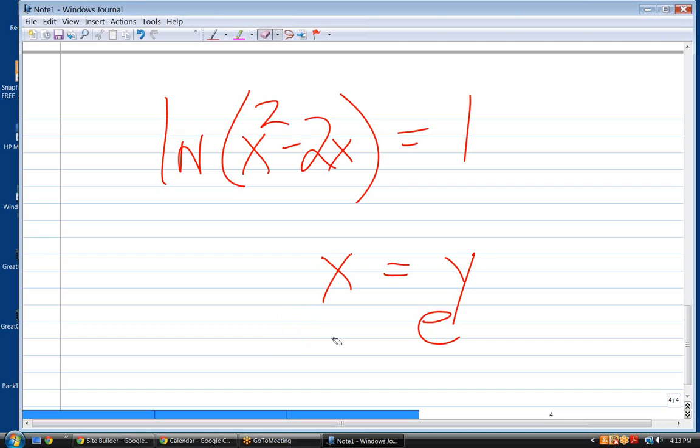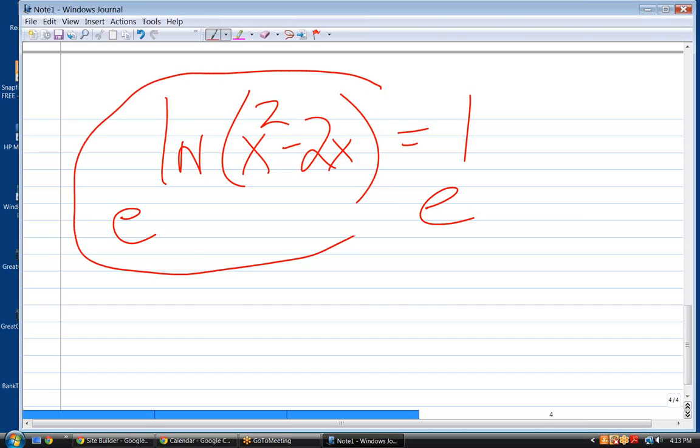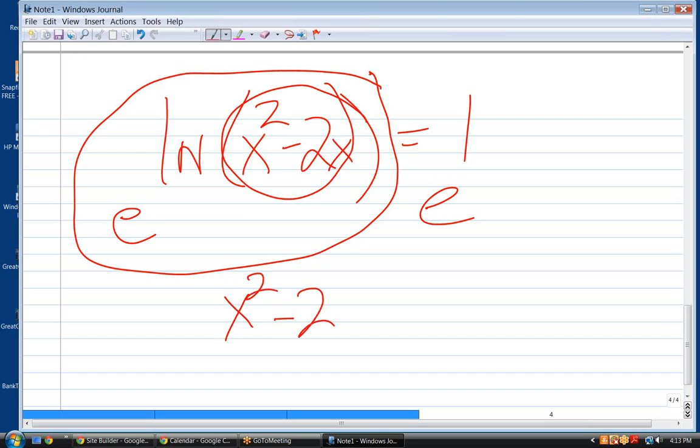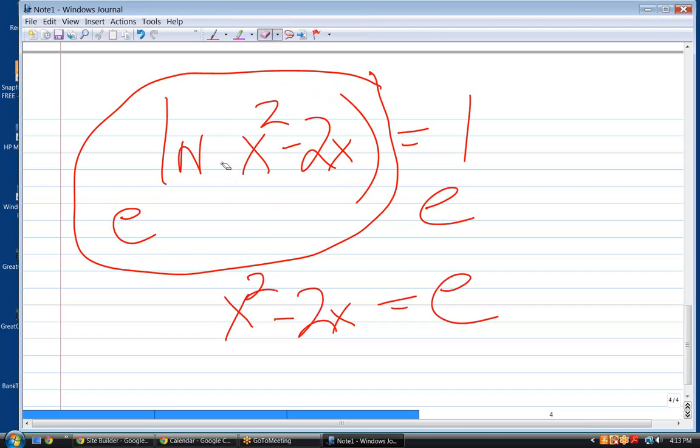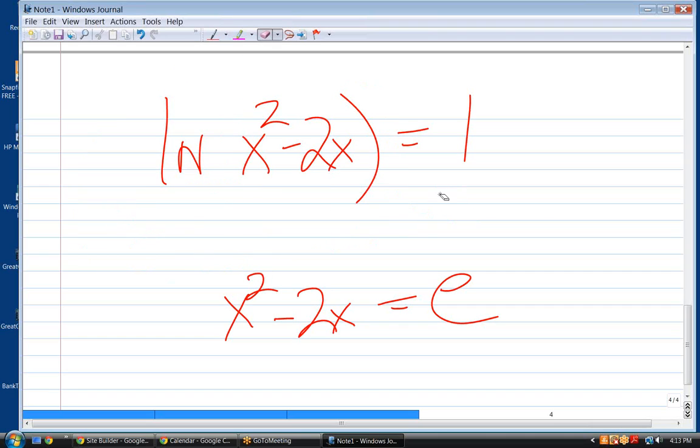This is a process that we don't do very often, but it's useful sometimes when one side is a natural log. In other words, I'm going to exponentiate both sides of this equation, and when you take e and raise it to the natural log of something, it's equal to the something. So now I get directly x squared minus 2x equals e, which is what I got when I merely translated that back into an exponential expression.